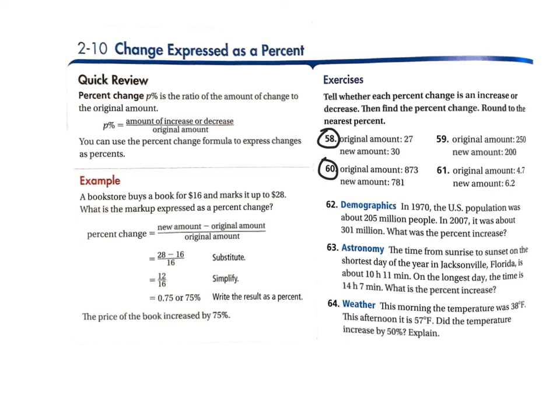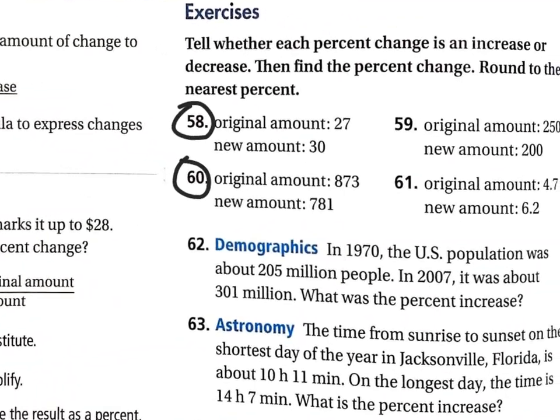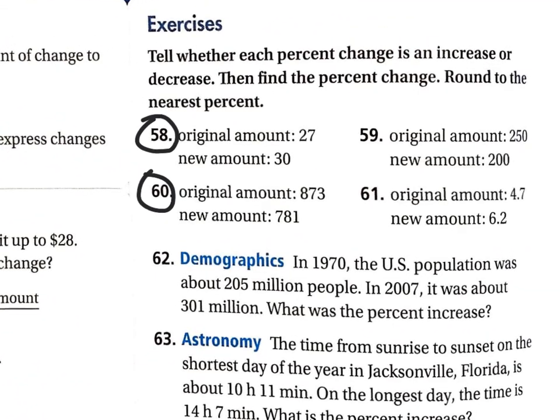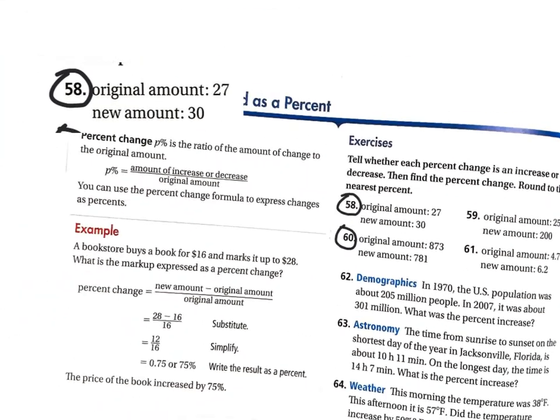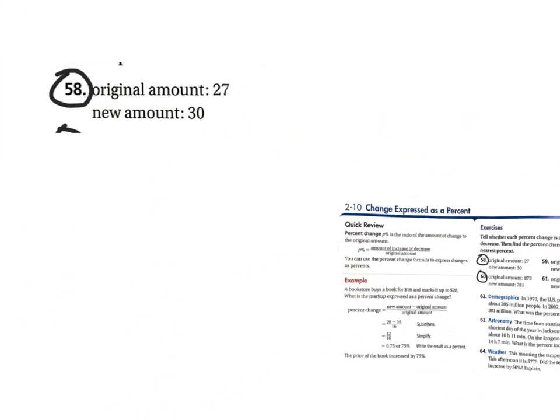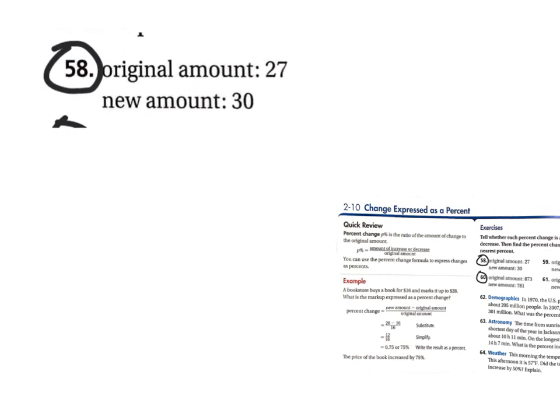Section 10, we're looking at whether we have a percent increase or decrease and rounding to the nearest percent. So if we look at 58, the original amount was 27 and the new amount was 30. So percent change, we're finding the change divided by the original.